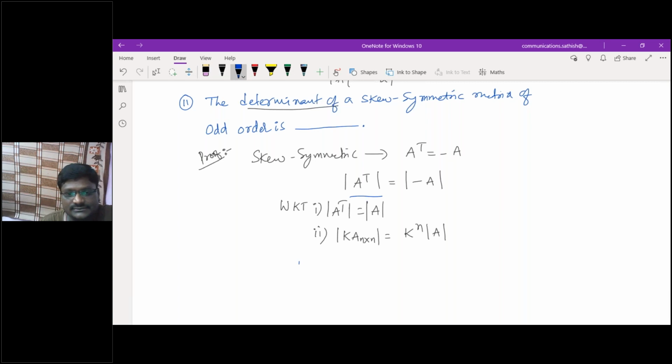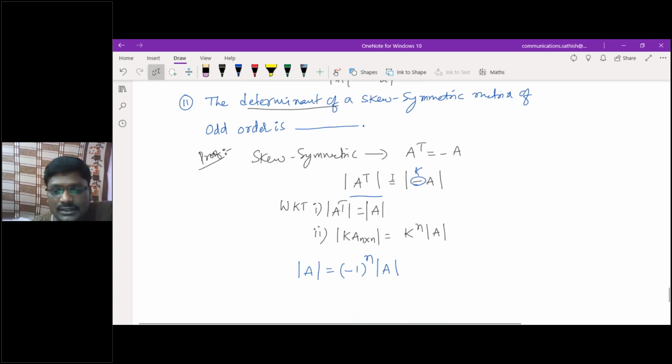What will you get? Mod A transpose is mod A only, na? Here this minus indicates K, so it is minus 1 whole power n into mod A. Am I correct?